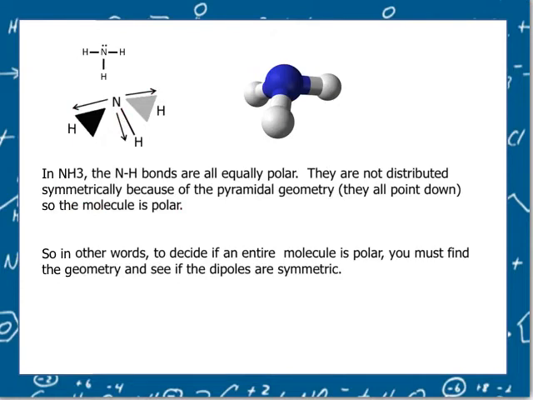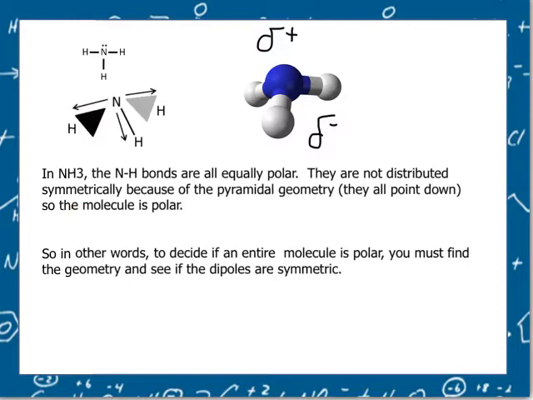They're all pointing down. So the net dipole on this, they're all pointing down, so we are net negative there and net positive here. So we do have a polar molecule.